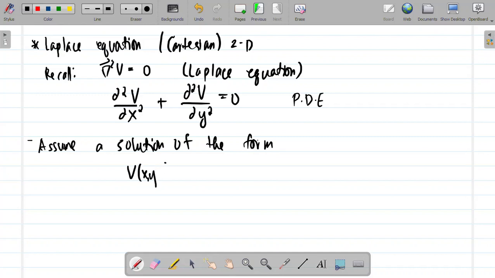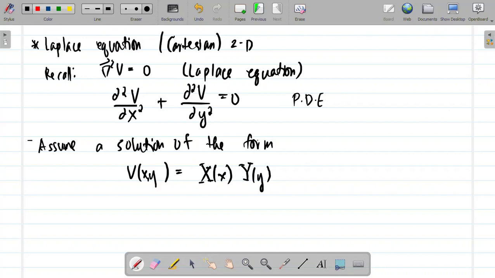So, V of x, y equals X of x, some function of x, and some function of y. So, X of x, Y of y. So, ito yung ansatz natin. We call this the ansatz. So, parang guess. Actually, ina-assume natin na ganito yung form ng V of x, y.